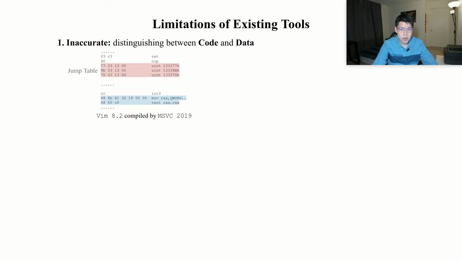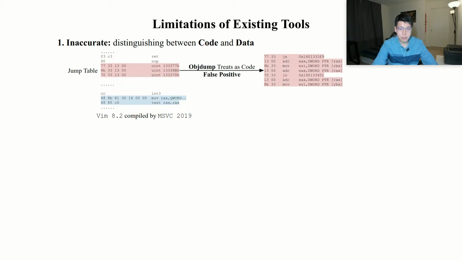Consider the red highlighted part, which is a data section interleaved with code, representing a few jump table entries. Unfortunately, OBJDump translates the bytes from the data section as code, resulting in false positives. The inherent reason is that OBJDump linearly disassembles a block of bytes by assuming all of the bytes are part of the code. This assumption fails when the compiled code and data are interleaved.